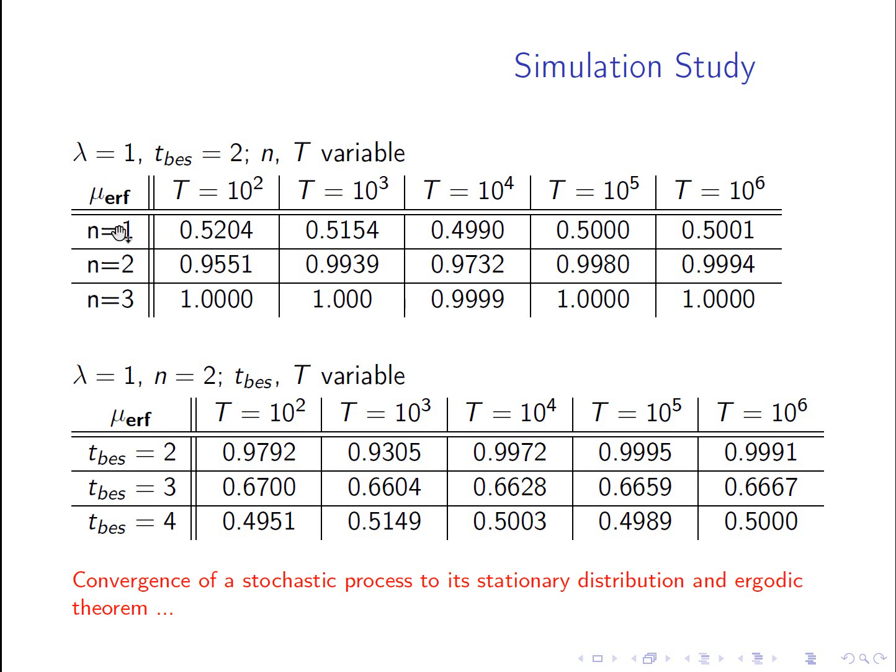Okay, what else do we see? For n equal to 1, 2, and 3, that's the number of lines. If we have 3 lines in this setting, typically all jobs are accepted. A company could do this, but it might say, let's try to save some money and move down to 2 lines.